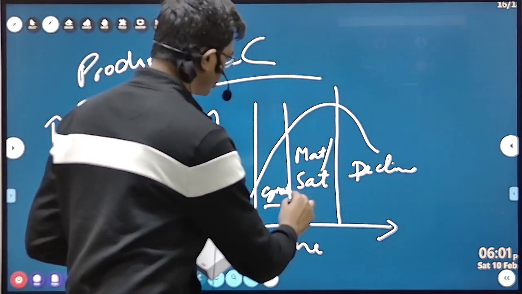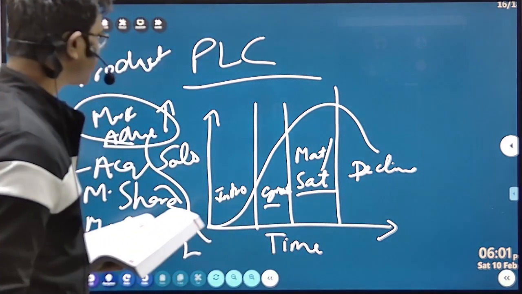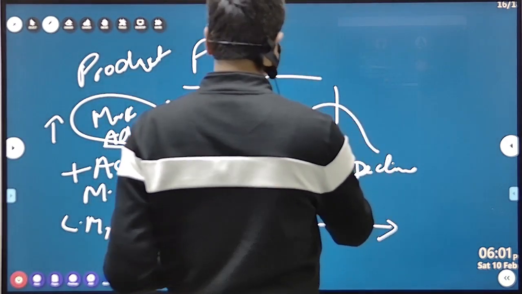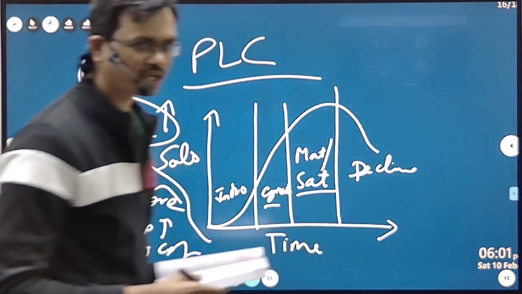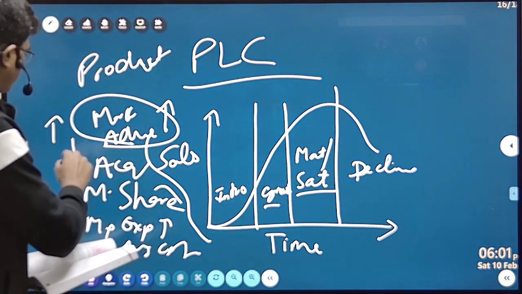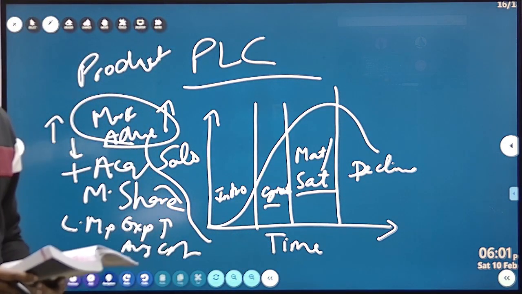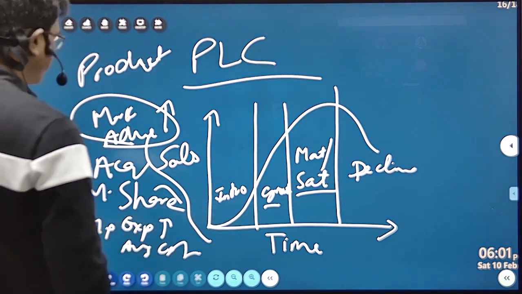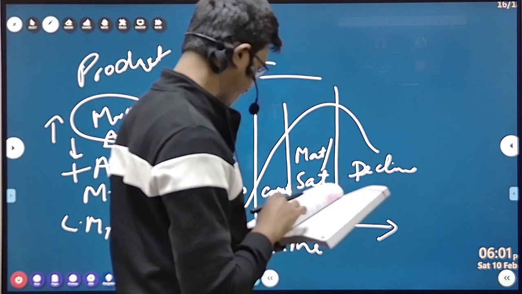And maturity. In maturity, the company has reached a good market share. So your marketing and advertisement costs come down a little. They are not very aggressive in marketing that product. Your margins improve, your profits grow in this phase.